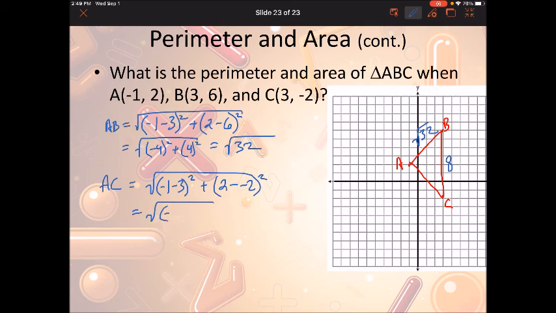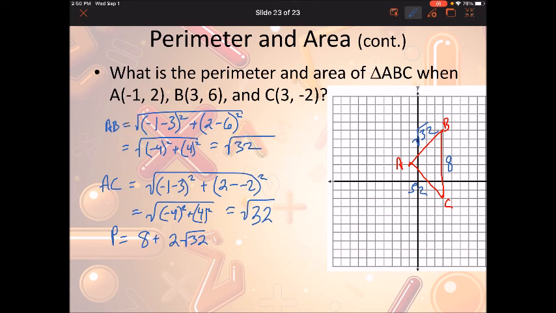So that gives me a -4 squared plus 4 squared again. So I end up getting the same answer, that of the square root of 32. So my final answer for the perimeter is going to be 8 plus 2 square root of 32.